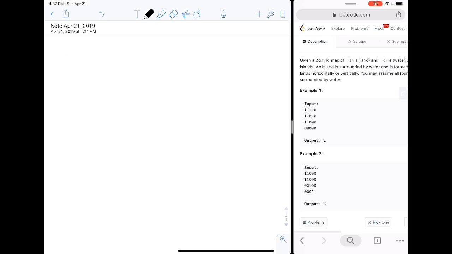So in my book, the in-grid function is a function that takes in the board, and then it takes in a coordinate x and a coordinate y, and then it can tell you whether this coordinate is out of bounds of the board.